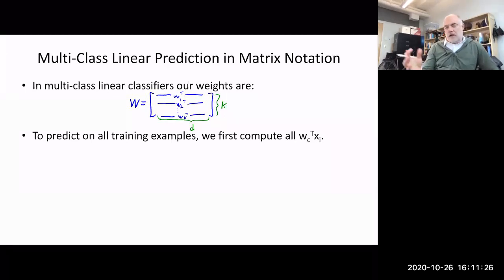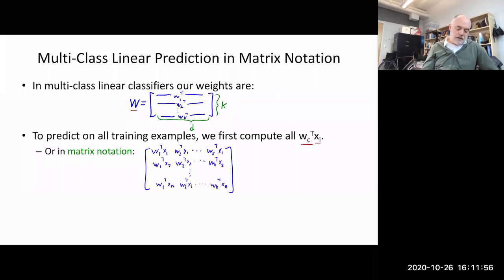So a couple of little details worth putting out in front of you. In the multi-class linear classifiers, our weights are this W matrix, where each row is the d weights for each of the different linear models. And to predict on all the training examples, we compute W_c transpose x_i for all c and i, right?